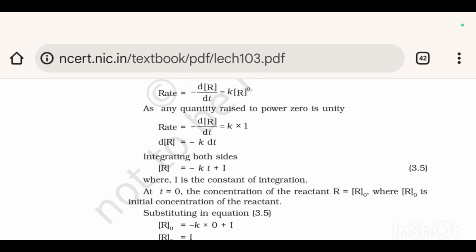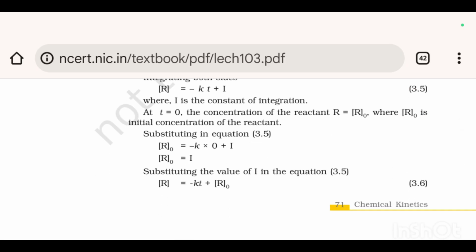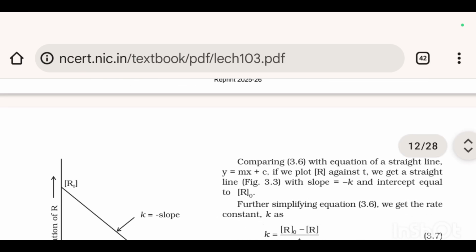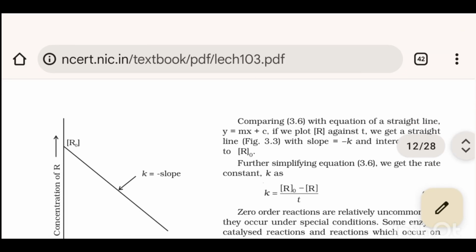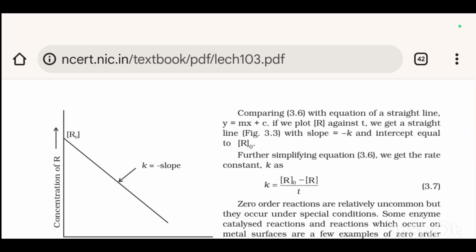Substituting in equation 3.5, which is [R] equals minus kt plus I, we get [R]0 equals minus k into 0 plus I. So [R]0 equals I. Substituting the value of I in the equation, [R] equals minus kt plus [R]0. Comparing this with the equation of a straight line y equals mx plus c, if we plot [R] against t, we get a straight line with slope equal to minus k and intercept equal to [R]0. Further simplifying equation 3.6, we get the rate constant k as k equals [R]0 minus [R] upon t.